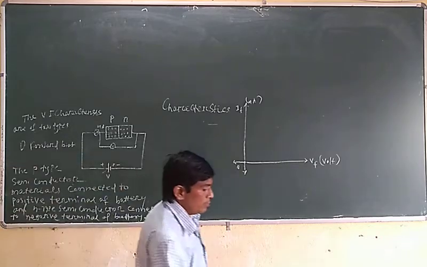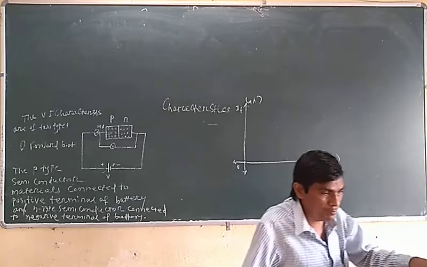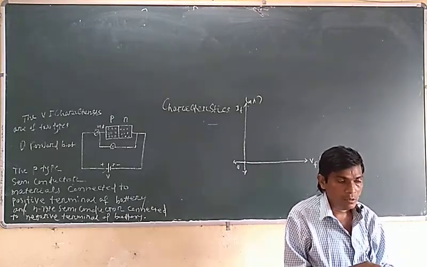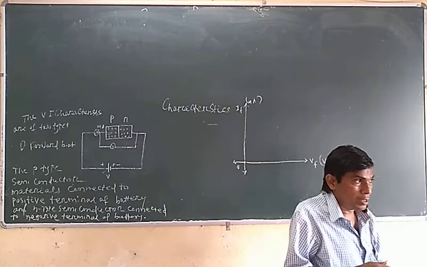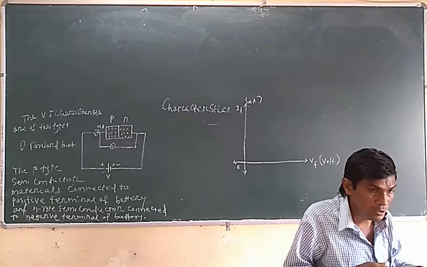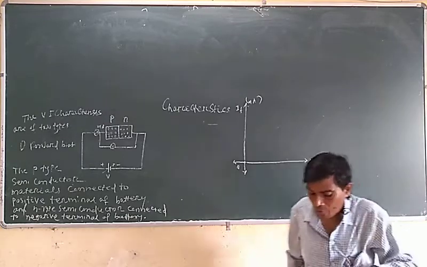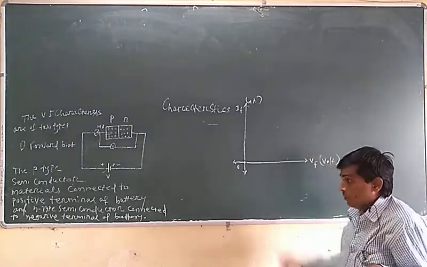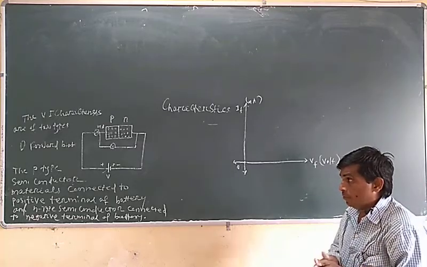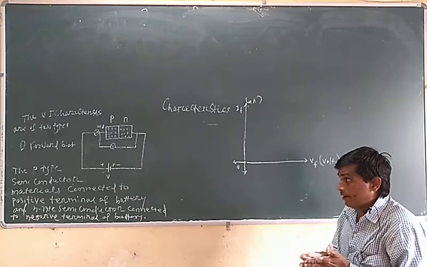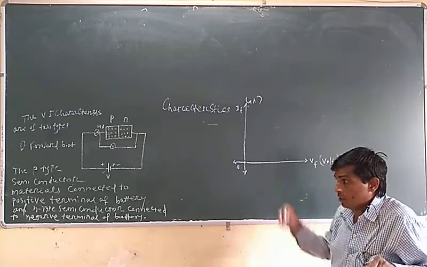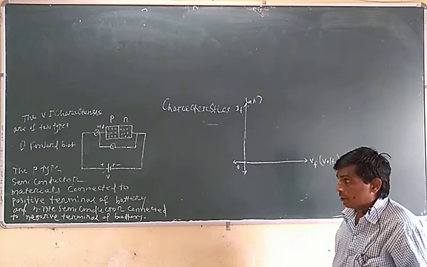So the positive terminal of a battery connects to p type material or holes, and n type material is connected to the negative terminal of a battery. So this type of connection is known as a forward biasing connection, and by using this connection we observe the forward characteristics.